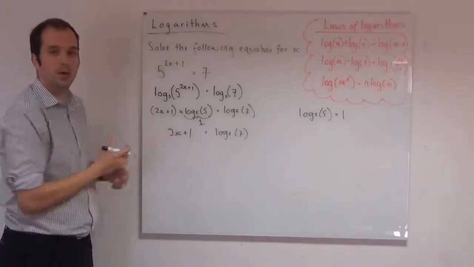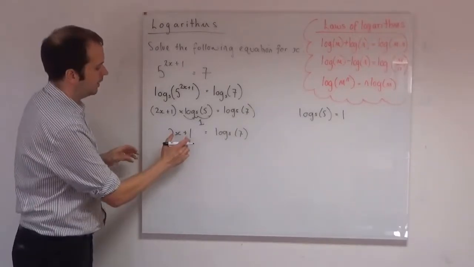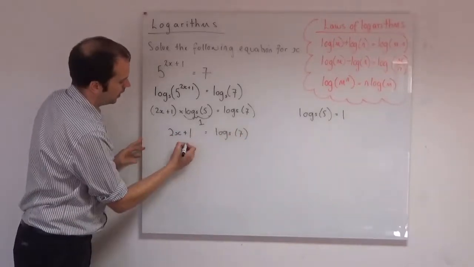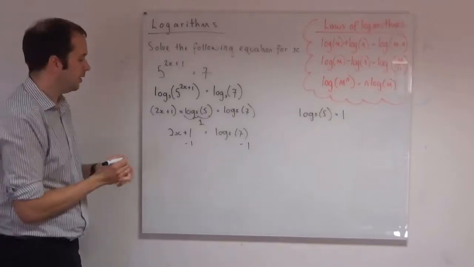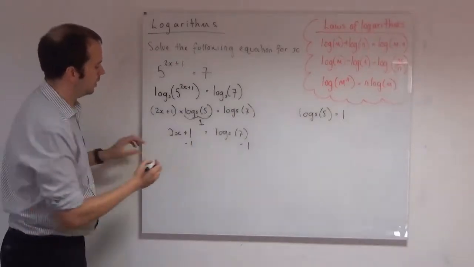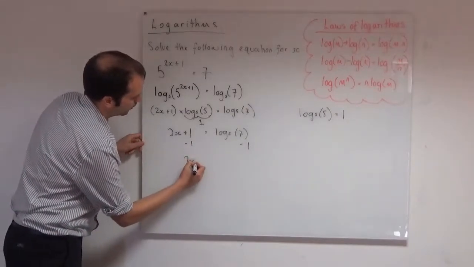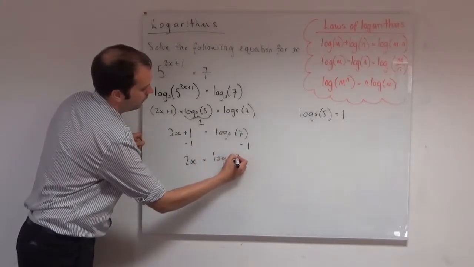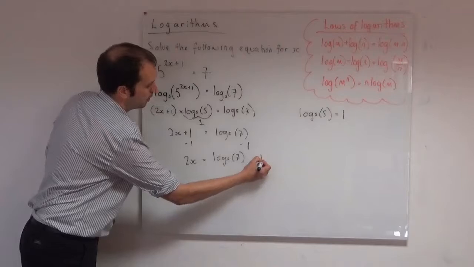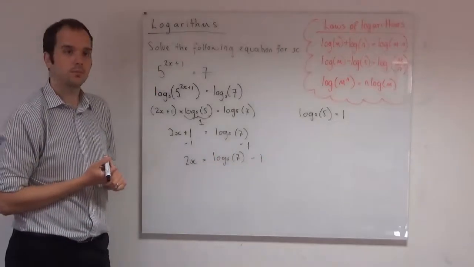So now I've got my unknown in a nicer place. I can now rearrange quite simply for it. I can subtract 1 from both sides. Again, remember the rule, what you do to one side you've got to do to the other. So I subtract 1 from both sides, and I get 2x is equal to log to the base 5 of 7 minus 1.